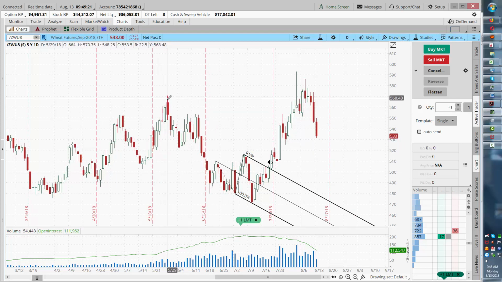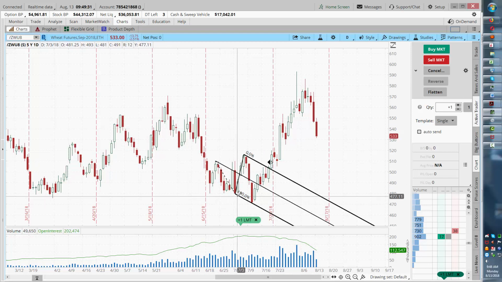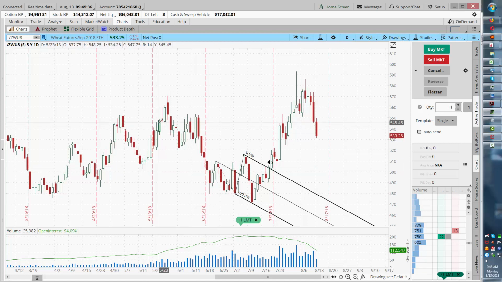Well, let's try this again: 0, 1, 2, 3, 4, 5, 6, 7, and then up we go for a while. Notice that here you have higher highs than the previous high, except when you're on these ABCs in the middle.